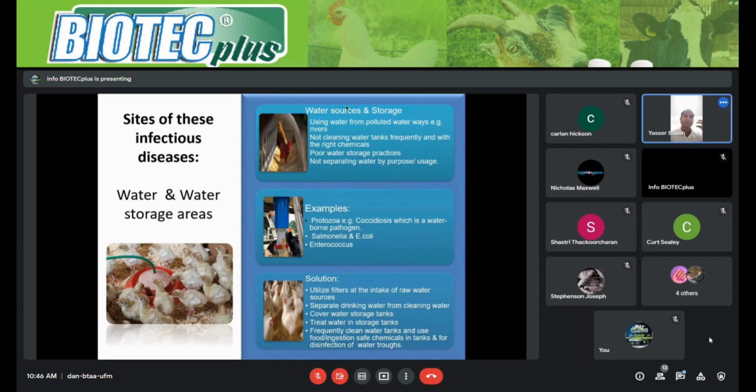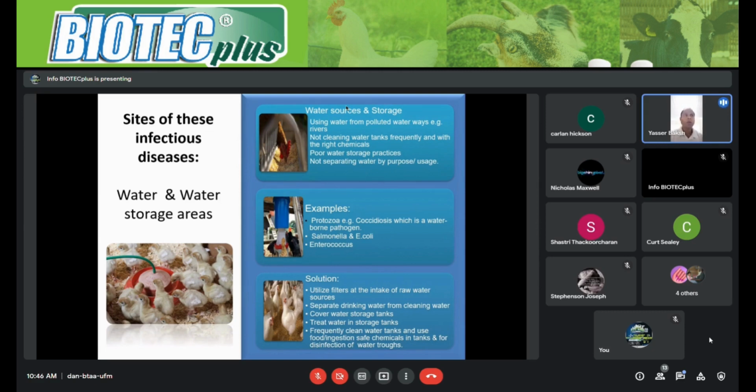Also, not cleaning the water tanks frequently and with the right chemicals, poor water storage practices, and not separating water by purpose and usage. So let's touch on those three points, because guys, that might be just your first sub slide there, but you will be surprised as to how significant those points are. Okay, so let's touch on them again.